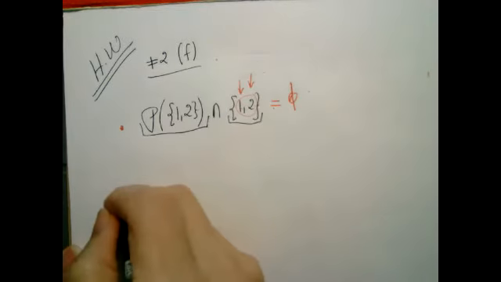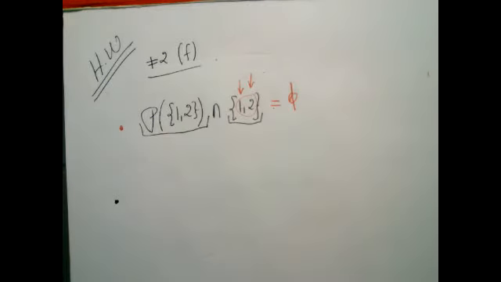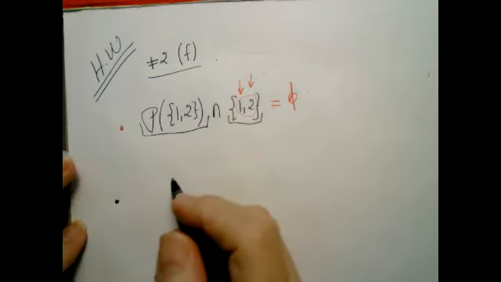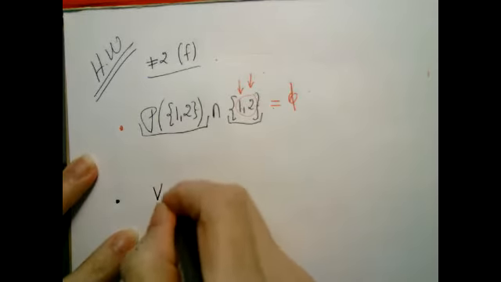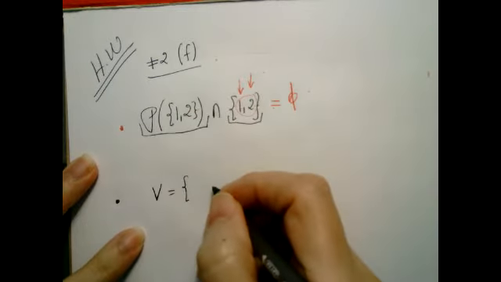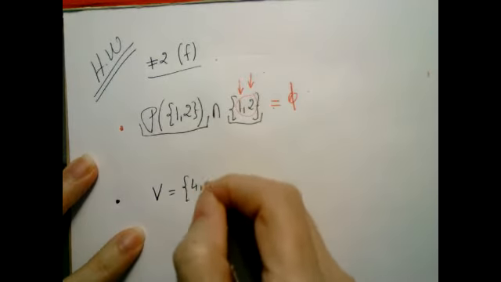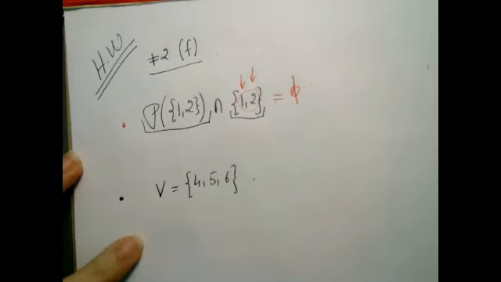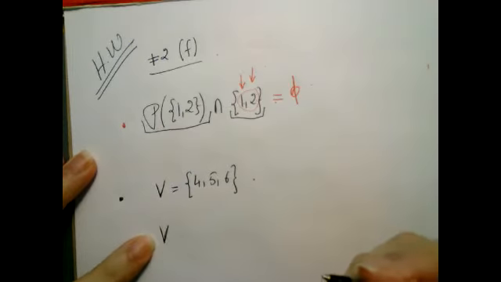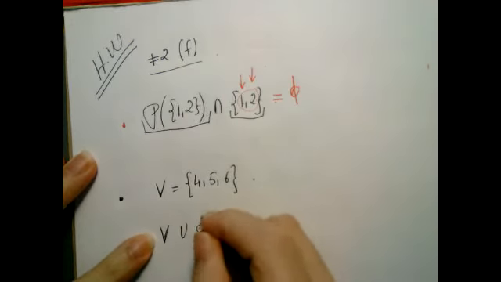Another one that actually kind of surprised me is the following. I gave you the set V, which consisted of 5 numbers. The question is: find V union the empty set.